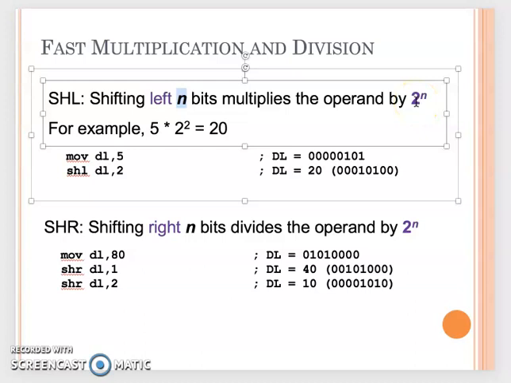Can I make my value become 102 or 95 times? Can I multiply by any number using SHL? The answer is yes. Why?